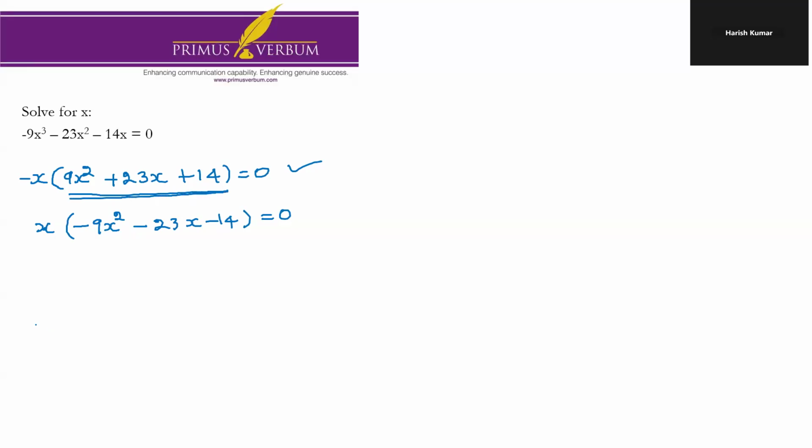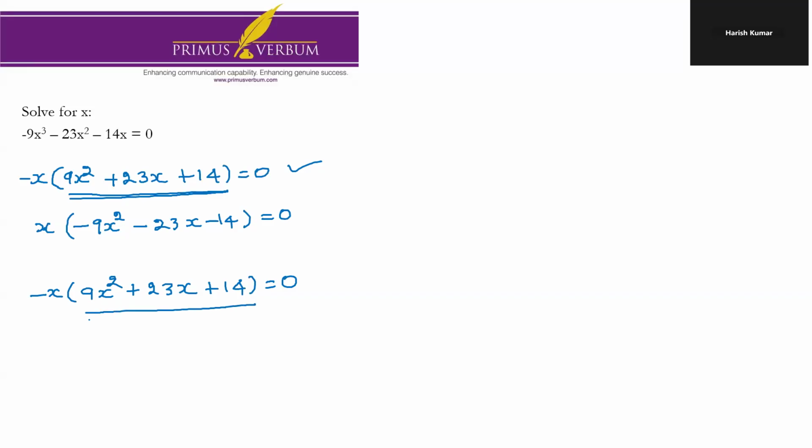Okay, so right off the bat we see minus x into 9x squared plus 23x plus 14 equal to 0. Now, here we see within the brackets a quadratic equation.